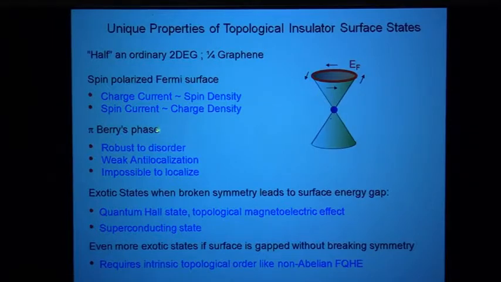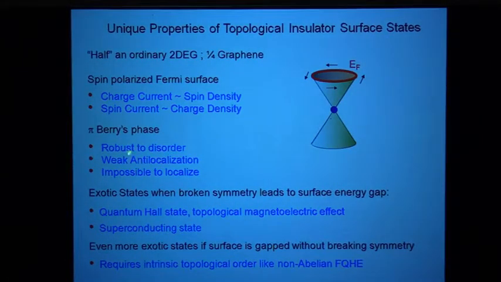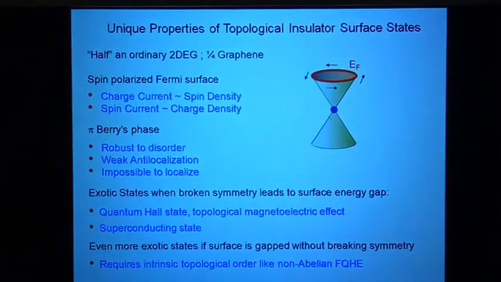The other important feature is that when you go around this Dirac point, you pick up my favorite minus sign. And that pi Berry phase endows these electrons with a very robust property, which means that you can't localize them.